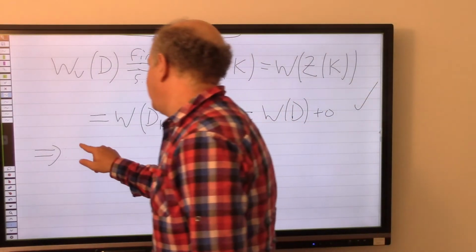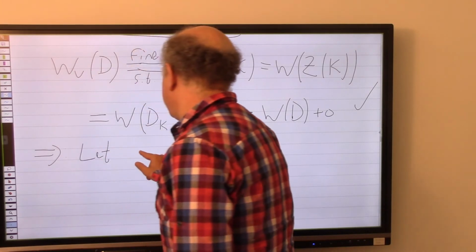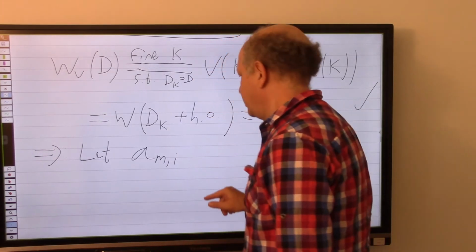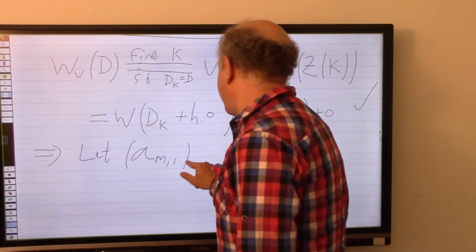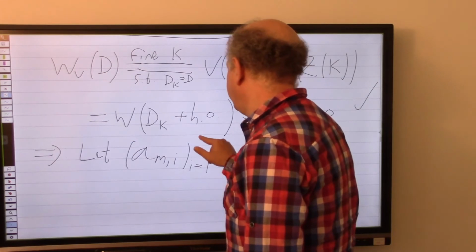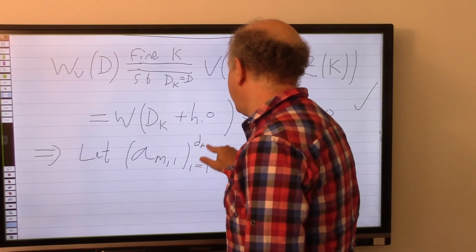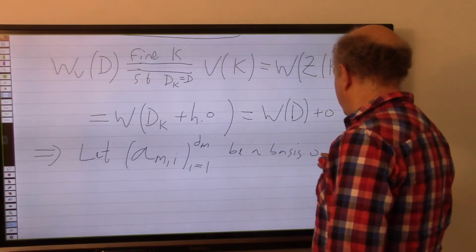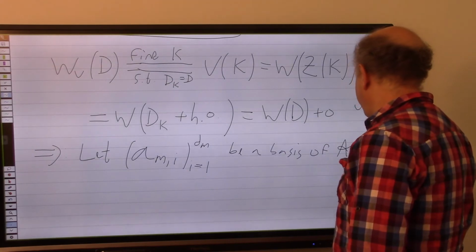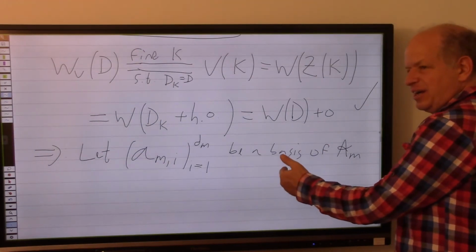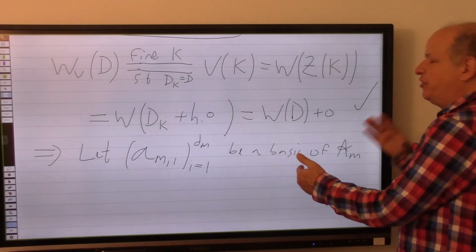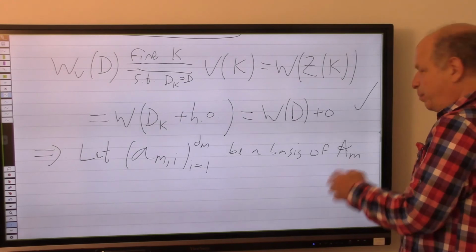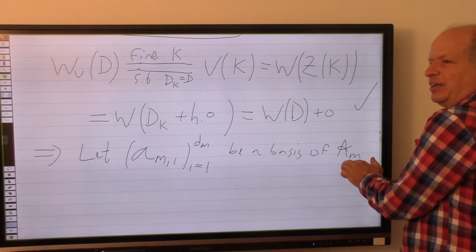Okay? So let A_m, i run from 1 to d_m, be a basis of A_m. So this infinite product of A_m's is infinite dimensional, but each individual A_m is finite dimensional.